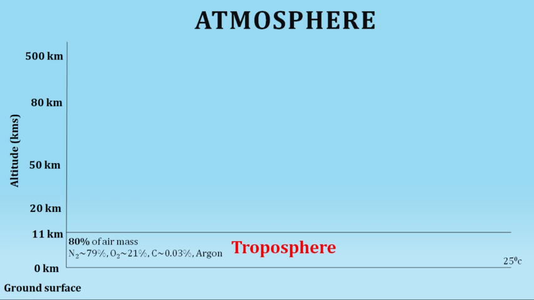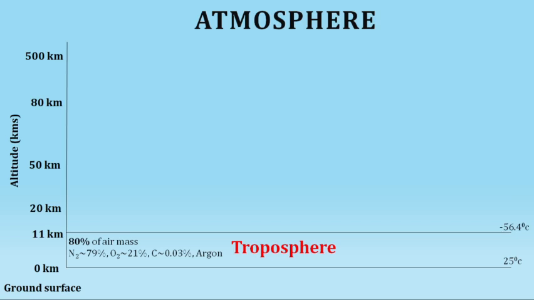So if you measure temperature at the ground surface, and if you measure temperature at an altitude of 1 kilometer from the ground surface, the temperature we measured at the ground surface would be 6.5 degrees Celsius more than what we would measure at 1 kilometer altitude. So it will decrease at every 1 kilometer, and the rate of decrease is more or less constant, that is minus 6.5 degrees Celsius.